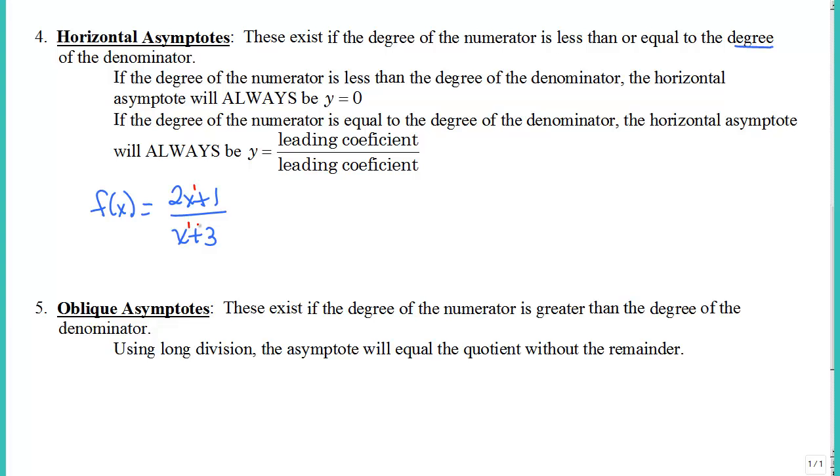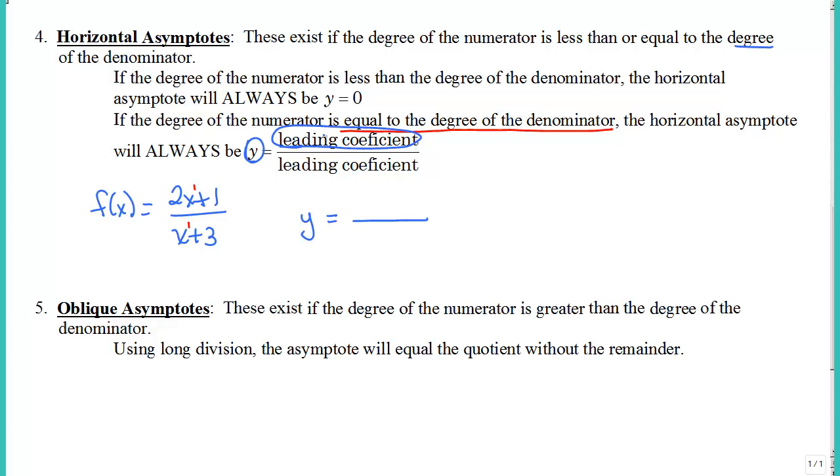Well, if the degree of the numerator is equal to the degree of the denominator, the horizontal asymptote is, and this is very important, y equals, because it is a horizontal line, the ratio of the leading coefficients.